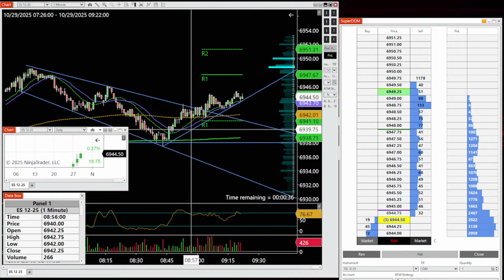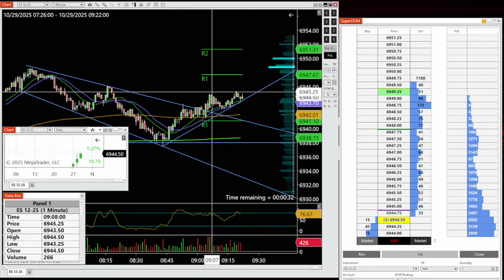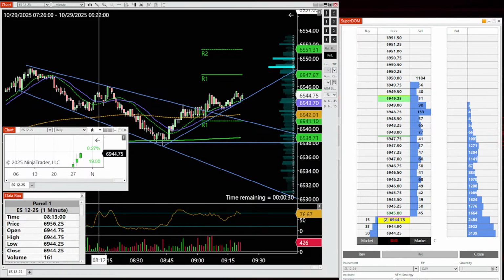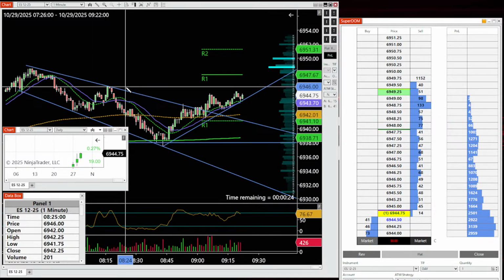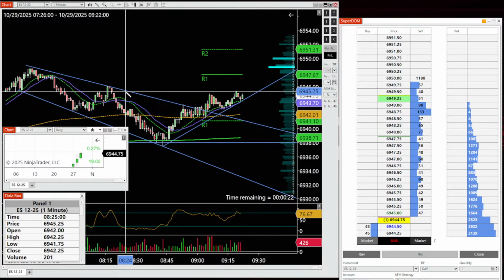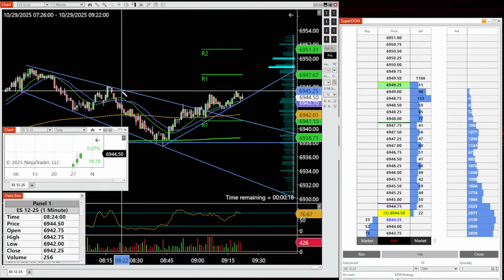So now we're making another trend line, but it wouldn't be a flat break because it's not touching evenly.